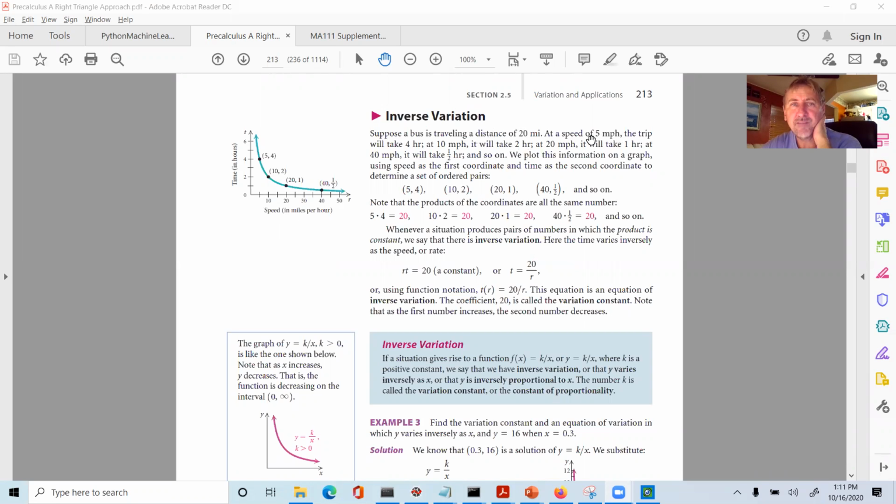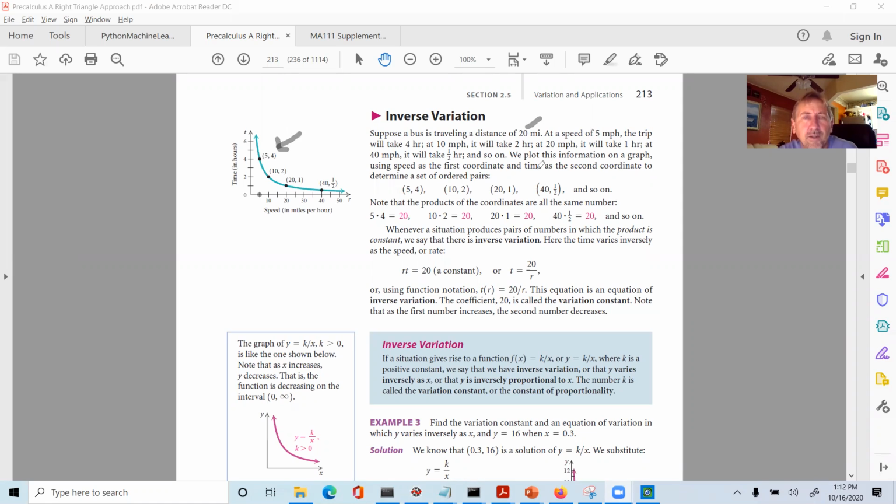At a speed of 5 miles per hour, it will take 4 hours. So let's look at that plot a moment. So we've got to go 20 miles. So at 5 miles an hour, it will take, right? So here's our plot, here's 5, and there's 5, 4.